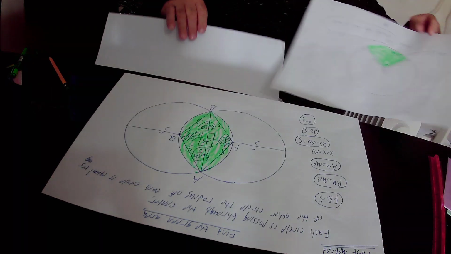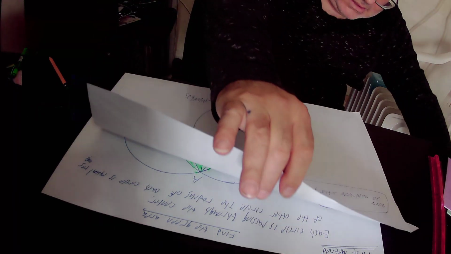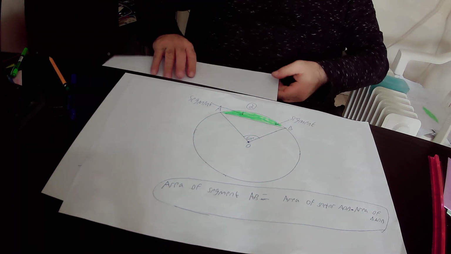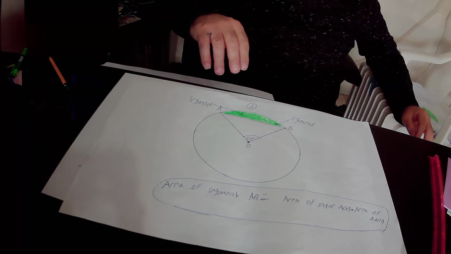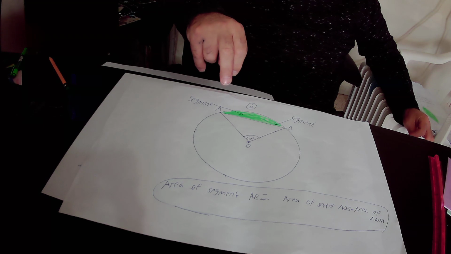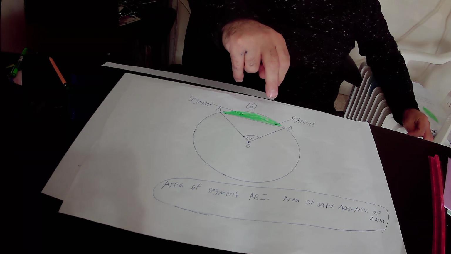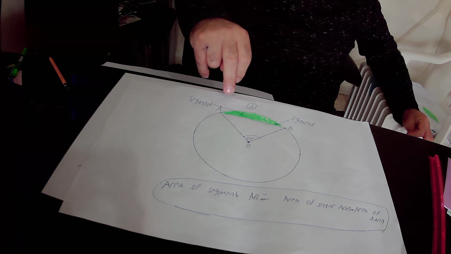Then I explained to you the term segment. Segment is the area that is bounded by the chord and by the arc that is attached to that chord.